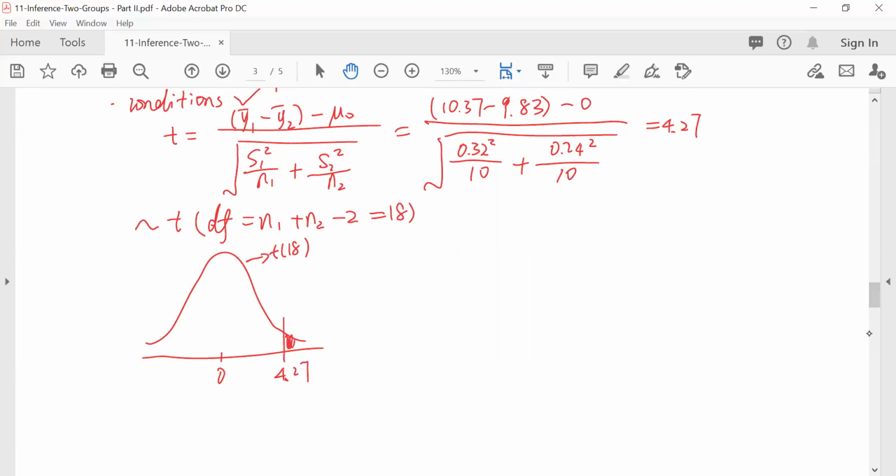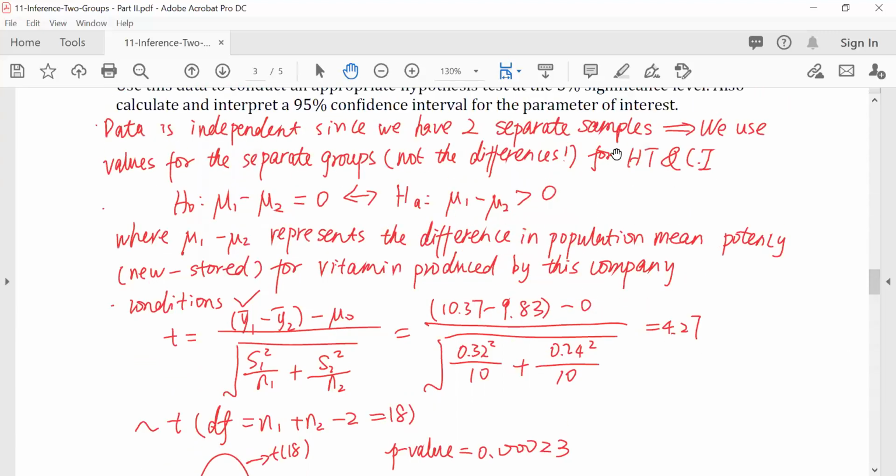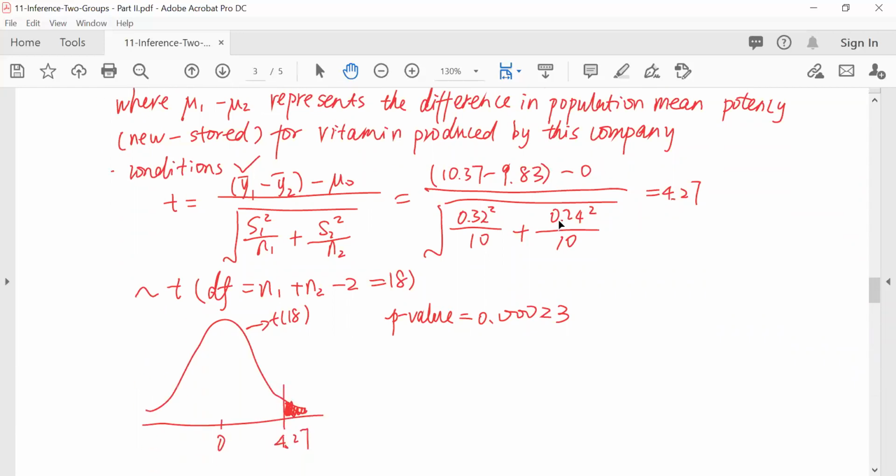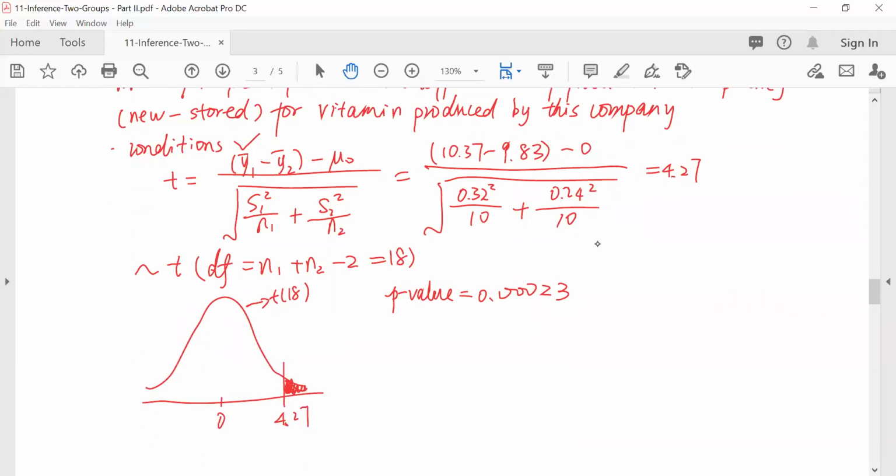We try to find the value here. So p-value is 0.00023. If you are using StatCrunch, we are having a greater than 0 alternative hypothesis, so we are trying to find the area under the curve to the right of this test statistic.